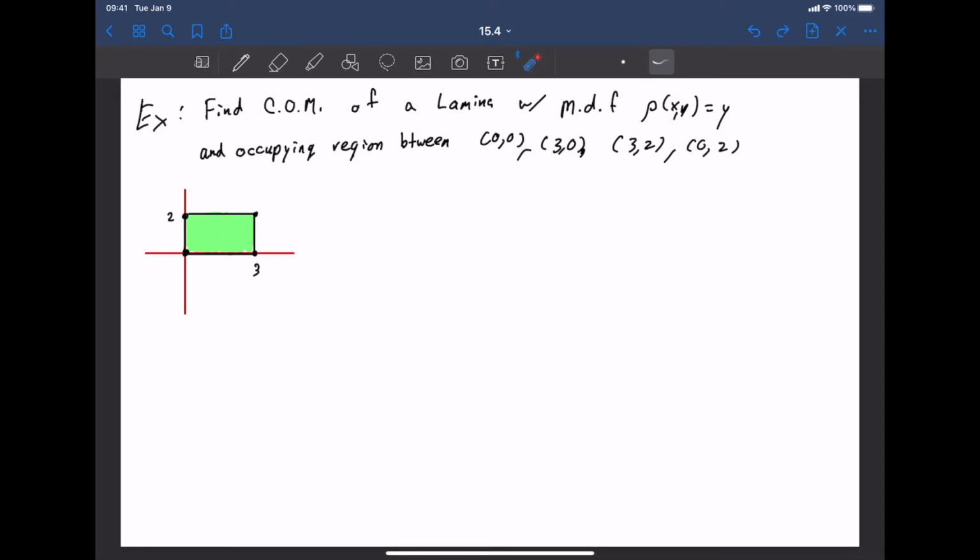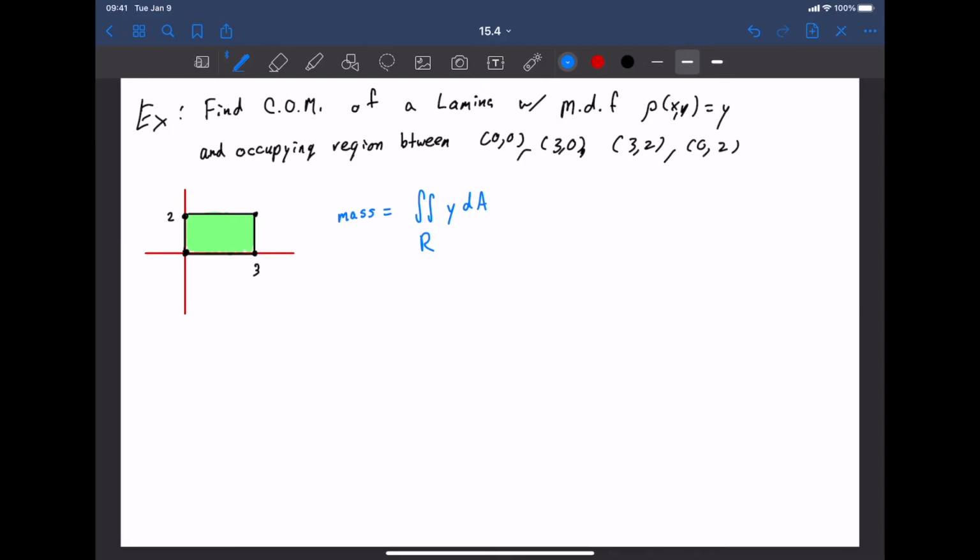Things are going to get more mass, the farther away we get along the y-axis. Now, that doesn't necessarily matter for our first step. Our first step should just be to find the mass, which is the double integral over the region, which is a rectangle, just the mass density function, dA.